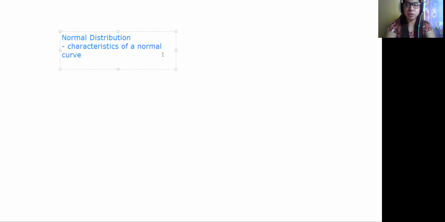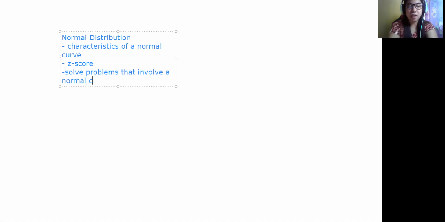Then we will also discuss how to convert raw data or normal data to z-score or standardized score. And then the last one is we are going to solve problems that involve a normal curve.